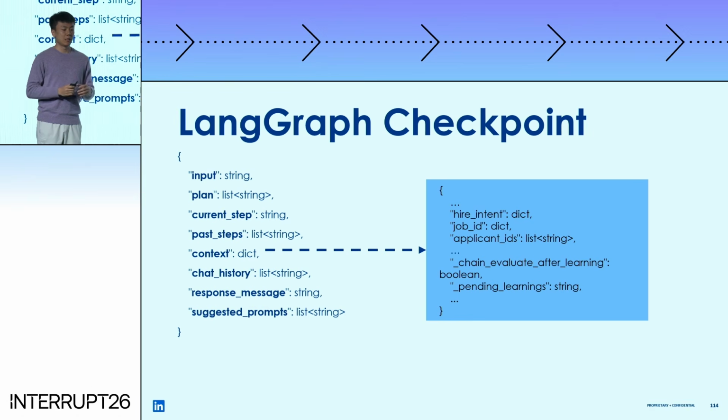The first one should be passed through the whole conversation or the whole thread, like hiring intent, job ID, applicant list, applicant IDs; that's global. And there are also a couple of parameters that only will be activated case by case. For example, the formatted pending learnings, once generated from the previous node, should be passed through to the next node within the context field.